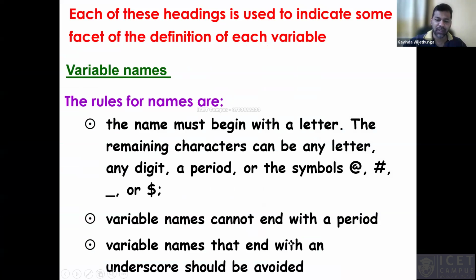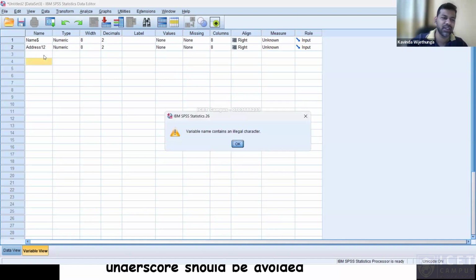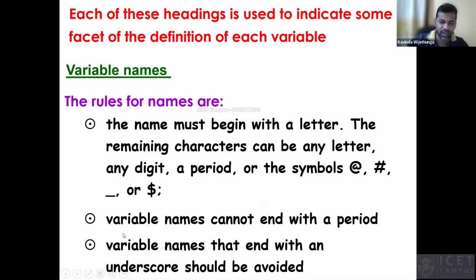Variable names cannot end with a period. Variable name contains illegal character, so you can't end with a period. Variables that end with an underscore should be avoided.